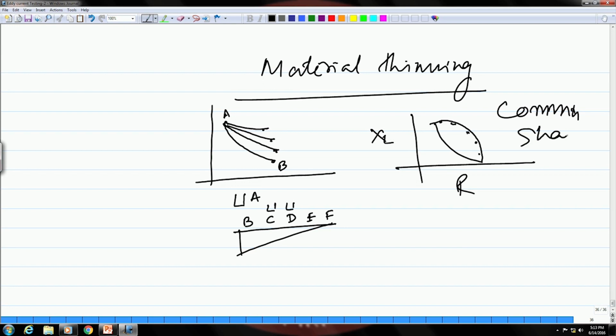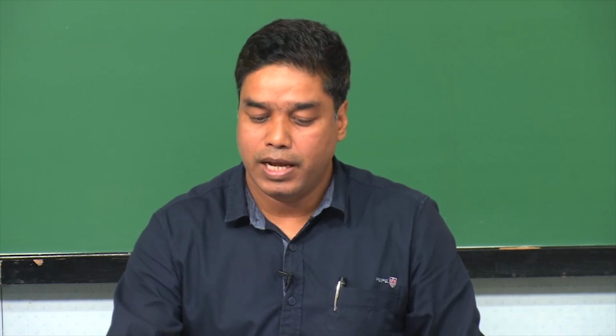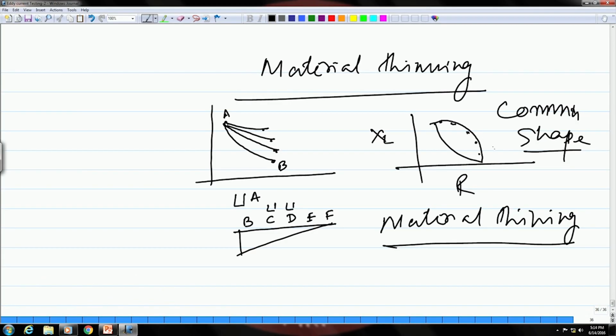curve, if you get this kind of comma shaped curve when you move the probe over the surface, then this indicates that there is material thinning in that particular direction in which you moved the probe, like what we saw in this case. As you moved from B to F, there is a gradual decrease in the thickness, and that is being indicated by a change in the lift off curve.